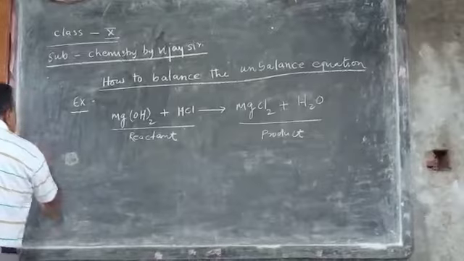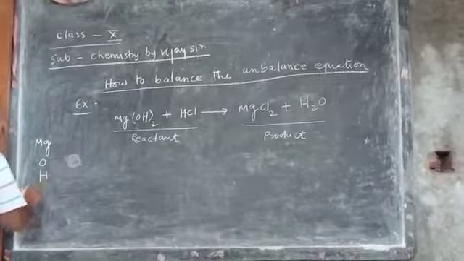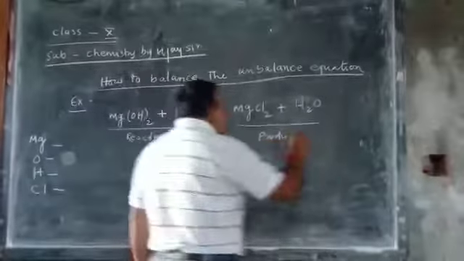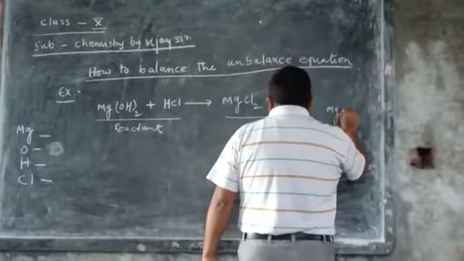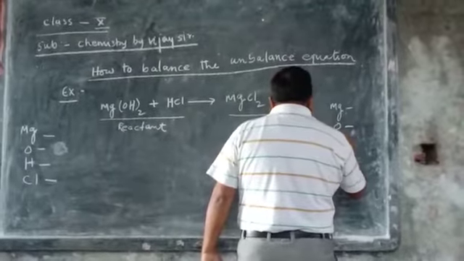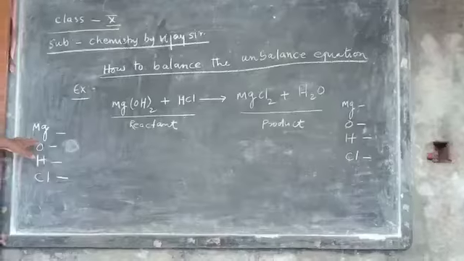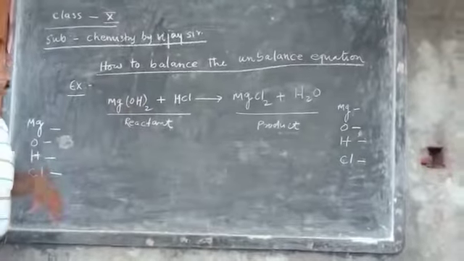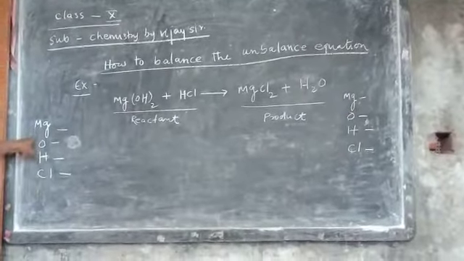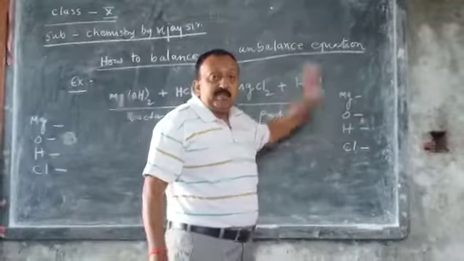The elements are magnesium, oxygen, hydrogen and chlorine in the reactant, and in the product magnesium, chlorine, oxygen, hydrogen and chlorine. There are four elements in the reactant and four elements in the product.